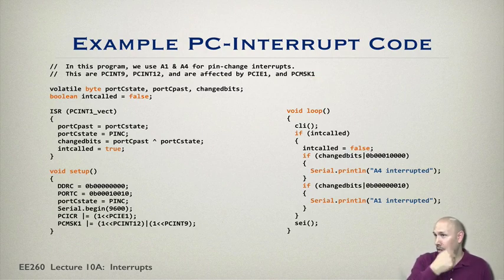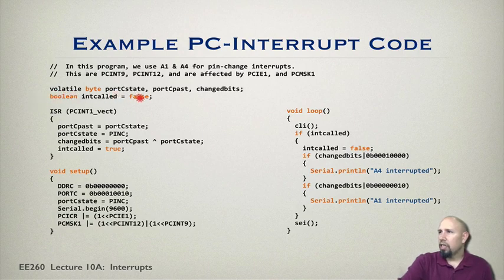Okay, and so I'm going to define these byte variables as volatile: port C state. So these guys are in port C. I also want to keep track of what happened in the past in port C, and then what bits changed in port C. So all of those are volatile. I'm also going to define this int variable, and actually that should also be a volatile variable.